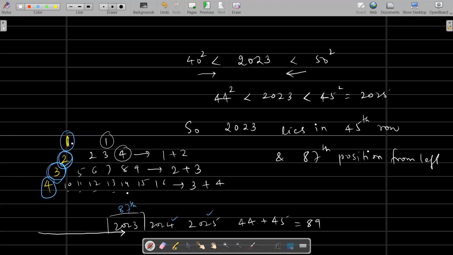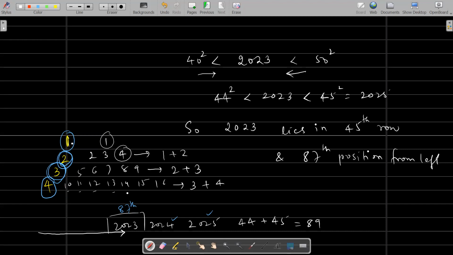Add 1 to 44 square, it will give you the first number of the row in which 2023 is. Yeah, very good. And then we find the difference between 44 square and 45 square, and then we subtract 1.